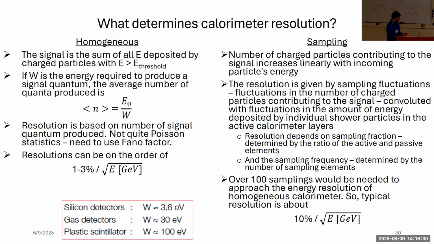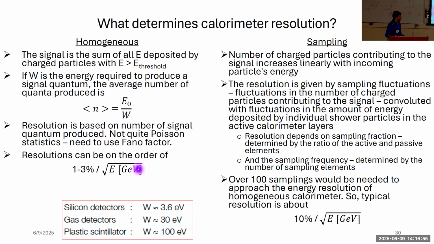So basically the number of quanta N that you are going to produce, which can contribute to the signal, is equal to the total energy of your particle divided by this energy to produce a signal quantum. And so this N is what's going to determine your counting statistics.